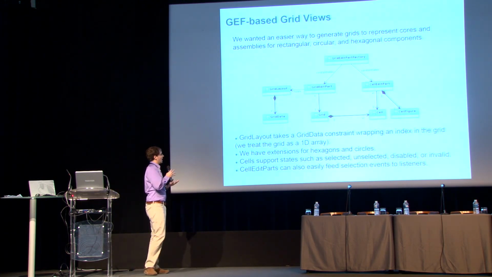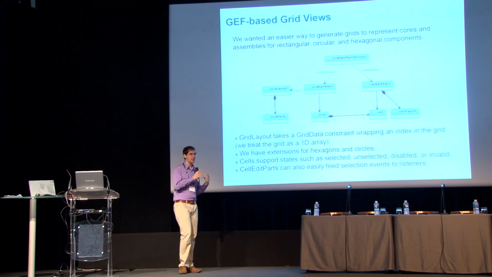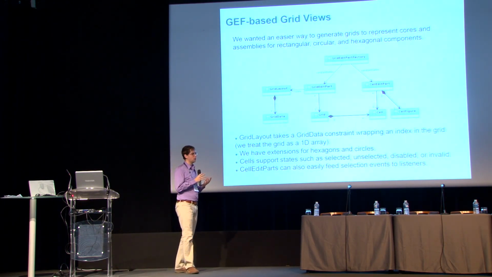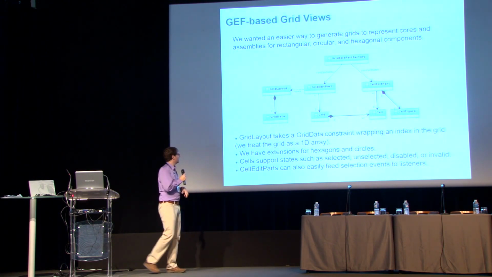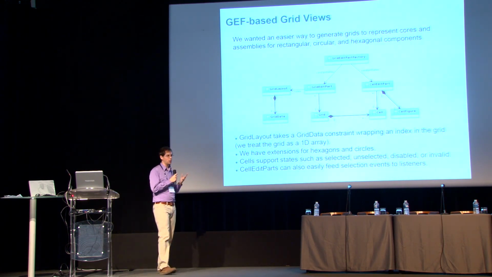With that custom grid layout, you assign a cell to the grid and just give it an index, a position within that grid. Then the grid layout automatically computes where that should be placed in the graphics. Each cell figure has its own grid data associated with it.